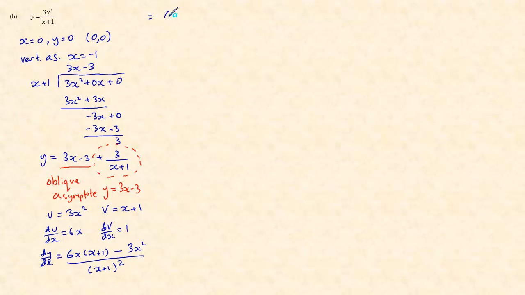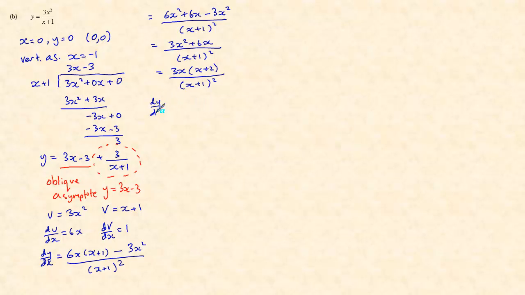So that's going to be 6x squared plus 6x minus 3x squared over x plus 1 all squared. So that's going to give me 3x squared plus 6x over x plus 1 all squared, which is 3x times x plus 2 over x plus 1 all squared.